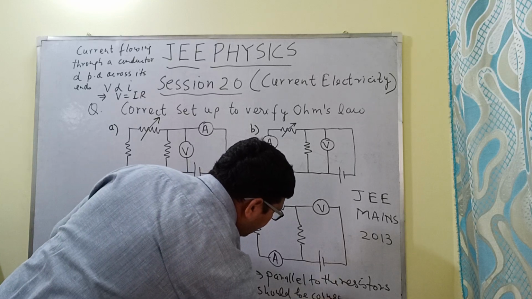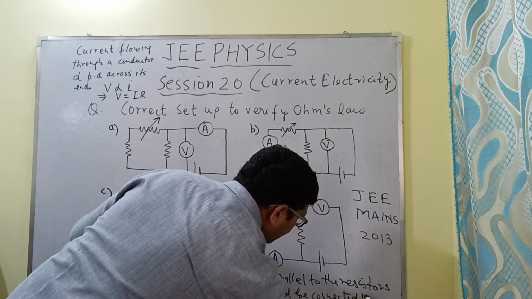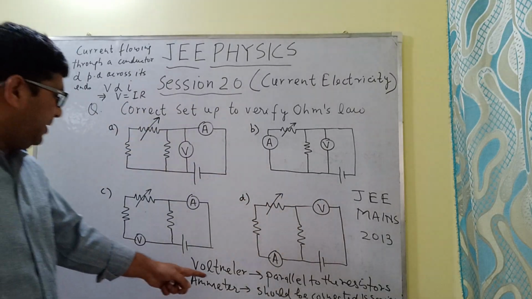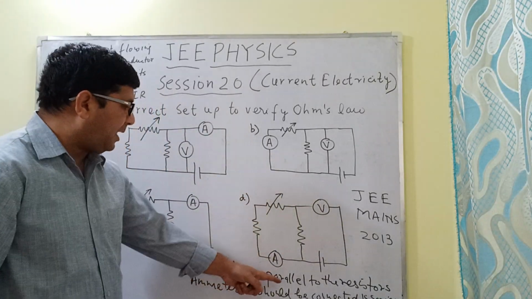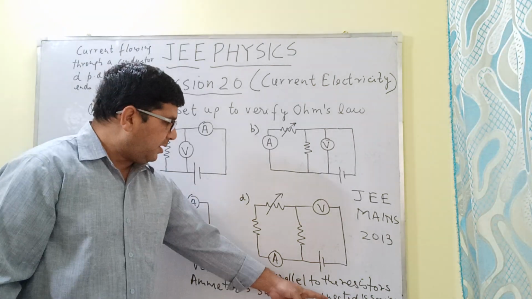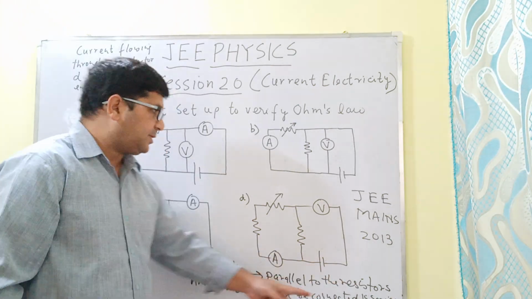The voltmeter should be connected in parallel to the resistor, and the ammeter should be connected in series.